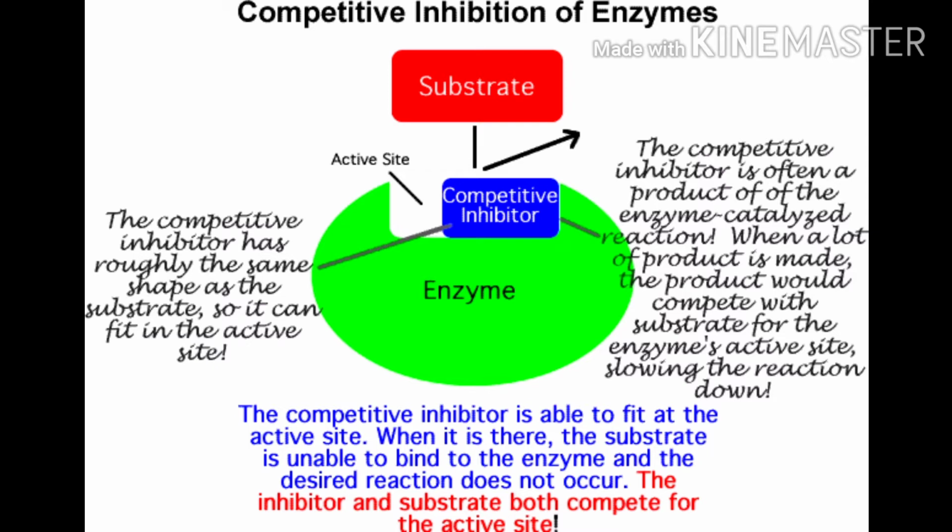The competitive inhibitor is able to fit at the active site. When it is there, the substrate is unable to bind to the enzyme and the desired reaction does not occur. Here, the inhibitor as well as the substrate both compete for the active site.